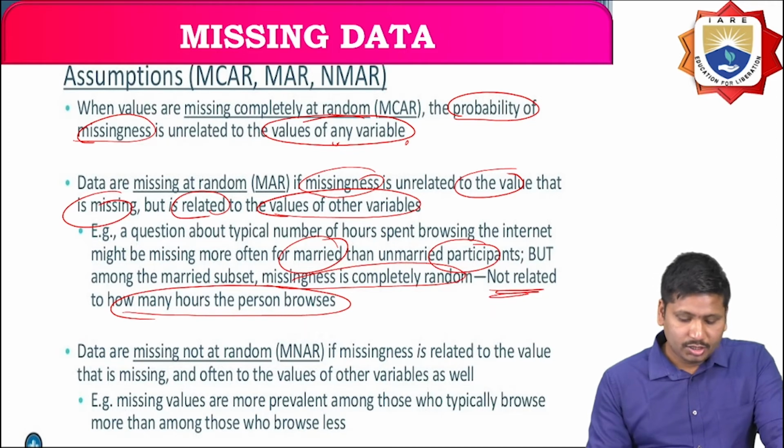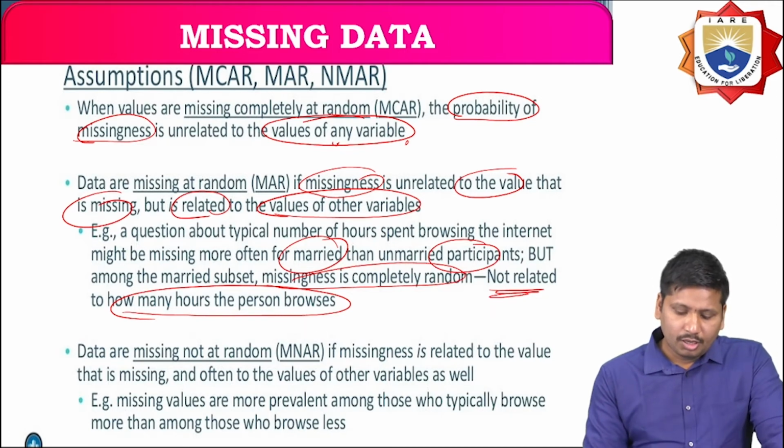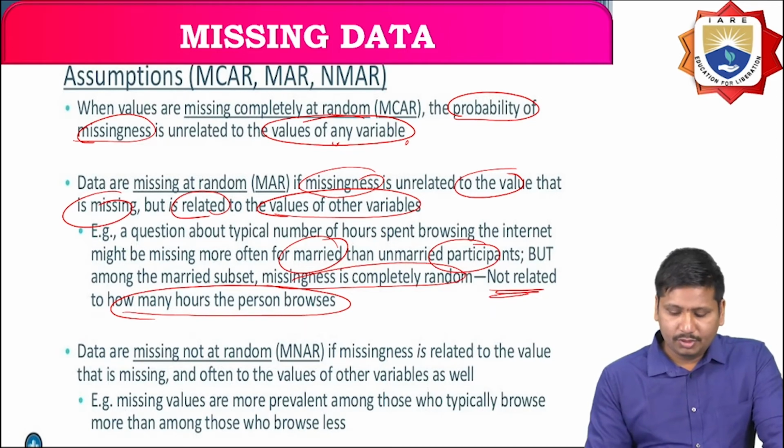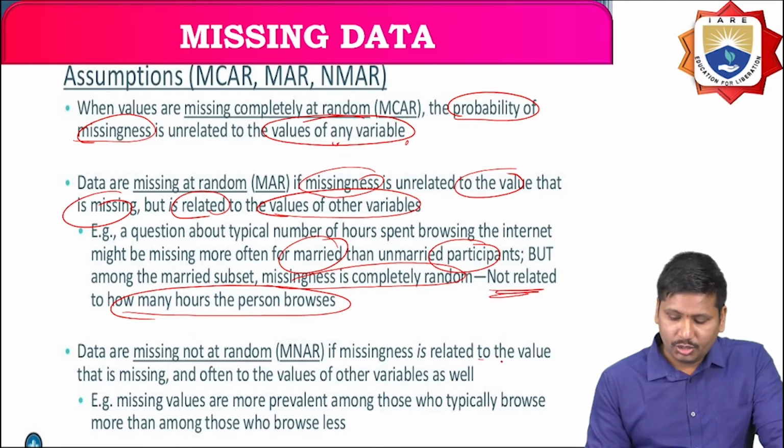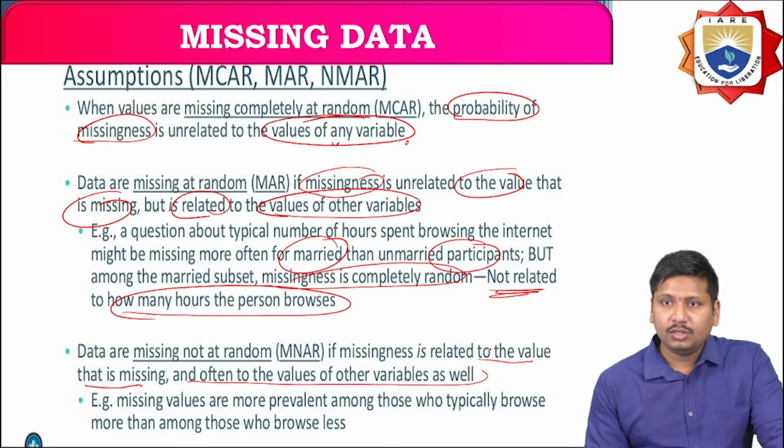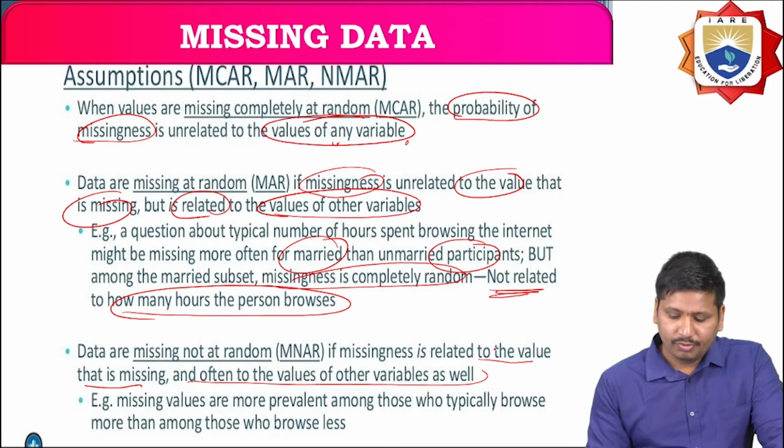And the next one is missing not at random. If the missingness is related to the value that is missing and often to the values of other variables as well, the previous one should be unrelated, but here it is related to the value itself and to the values of the other variable also. At that time, I have to make use of missing not at random.